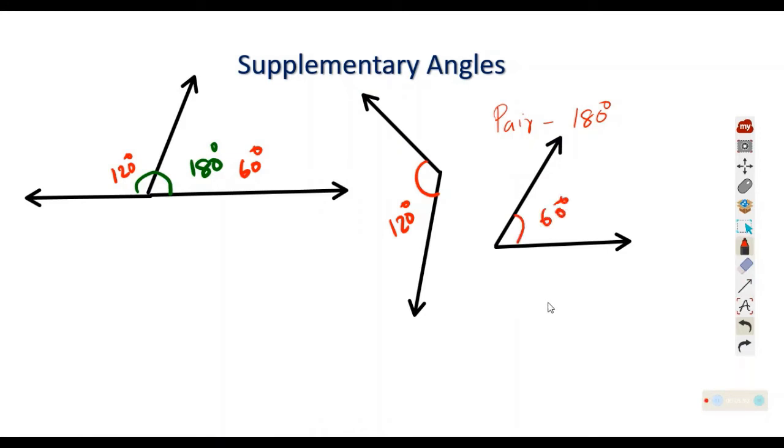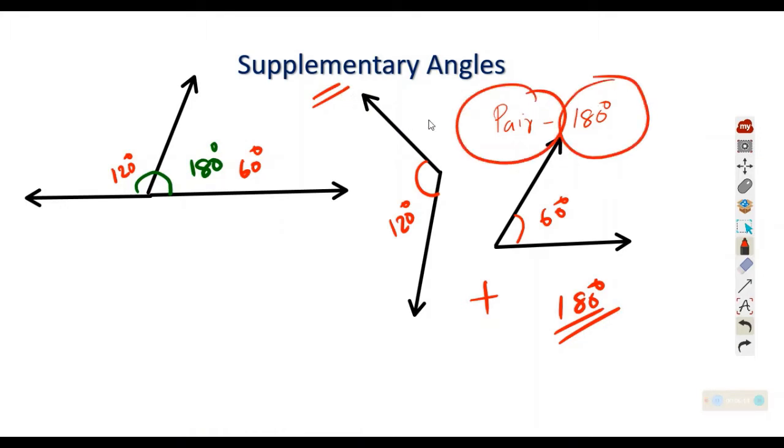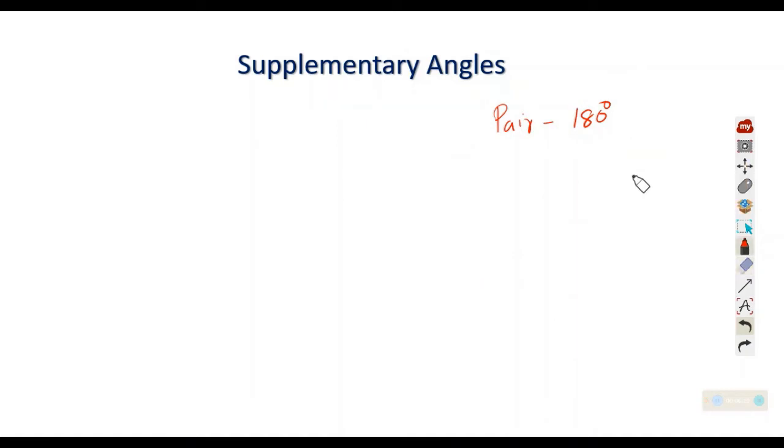That means again the sum total is equal to 180 degree. You will say this also as supplementary angles. They are pairs of angles whose total is equal to 180 degree. Correct? So this is another kind of angle you studied in the last class.